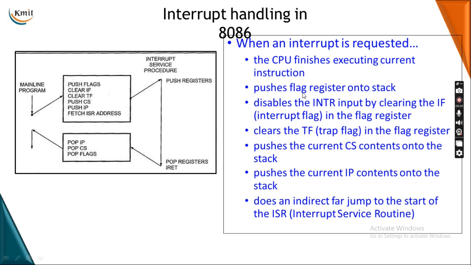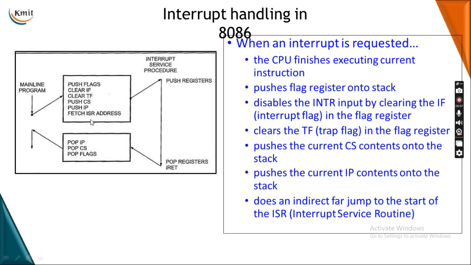So whenever an interrupt is requested, the current execution stops after finishing the current instruction, pushes the flag register onto the stack, clears the IF, clears the TF, pushes the current code segment content onto the stack and pushes the IP content onto the stack, which fetches the ISR address.